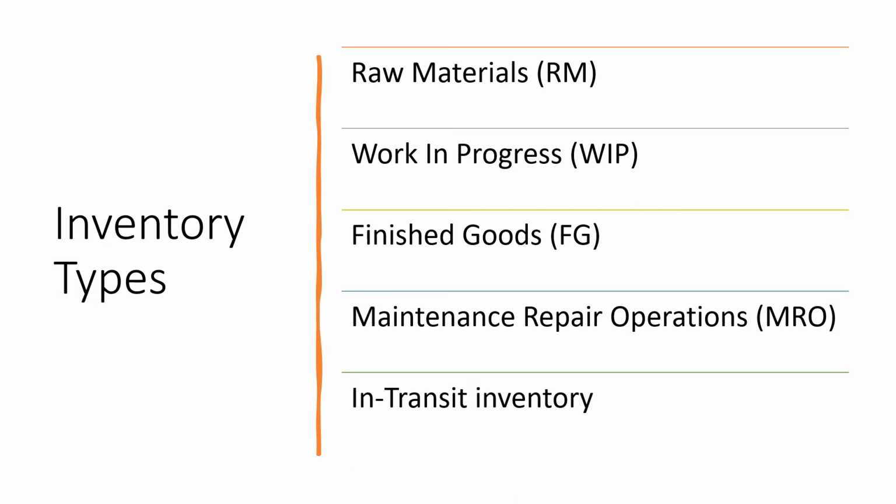Now let's take a look at the types of inventory. The basic types of inventory include raw materials, work in progress inventory, finished goods, MRO, which is maintenance, repair, and operations inventory, and in transit inventory. One key point to note here is that depending on the position of the firm in the supply chain, what is raw material or what is finished good would differ.